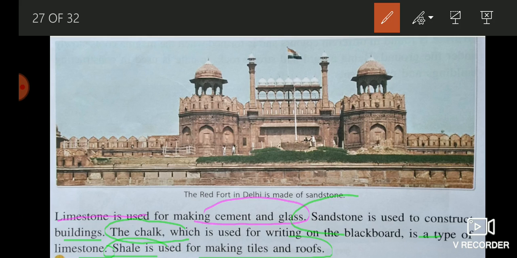You know the tiles and roofs you can see in the house, they are used in the construction of buildings and houses. So shell is an example of sedimentary rock. These are the uses of the sedimentary rocks that you have to know and remember.